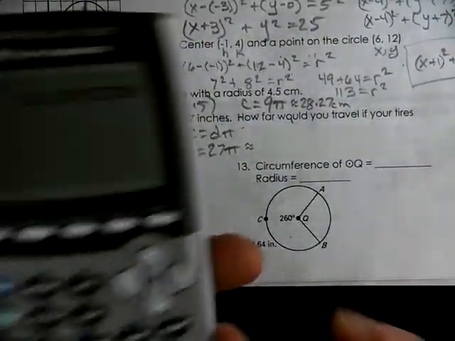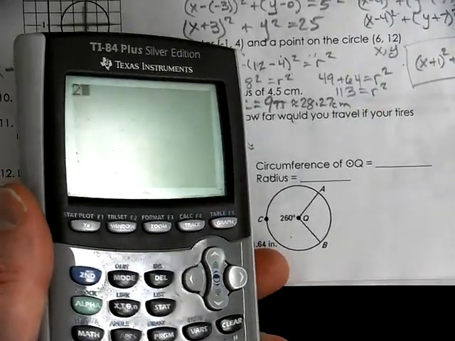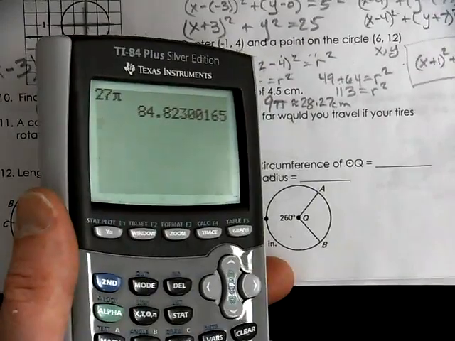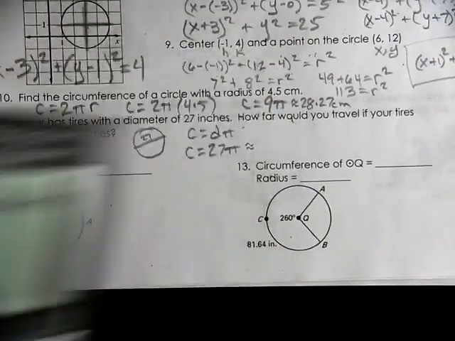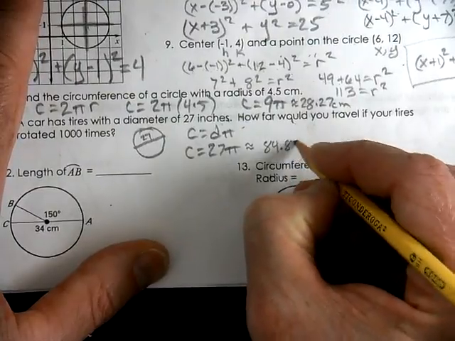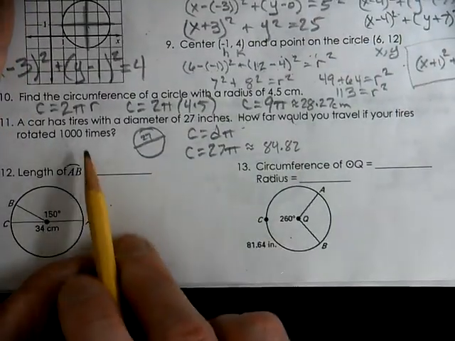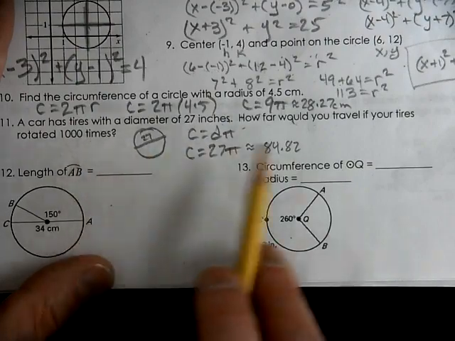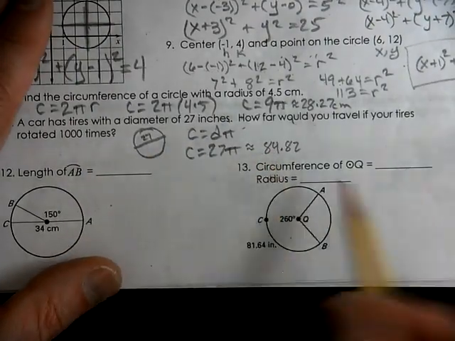That would be approximately 27 pi, 84.82. But we have to rotate that 1,000 times. We need 1,000 of these.